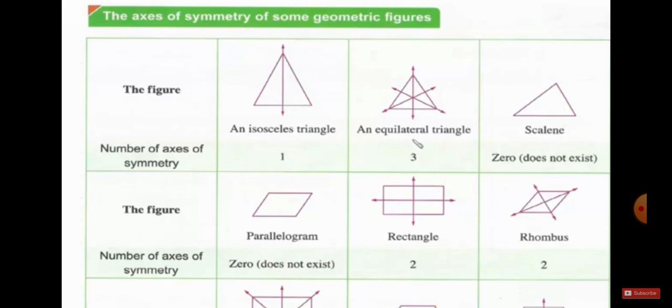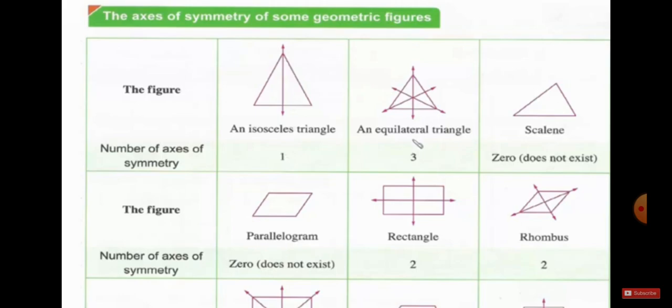We have three kinds of triangle: isosceles, equilateral and scalene. An isosceles triangle has only one axis of symmetry, dividing it into two equal triangles.